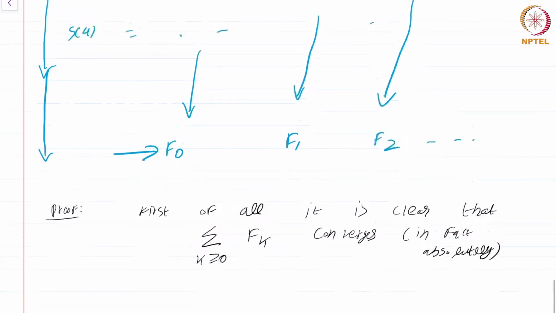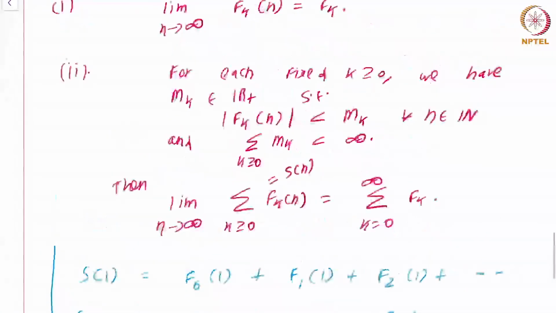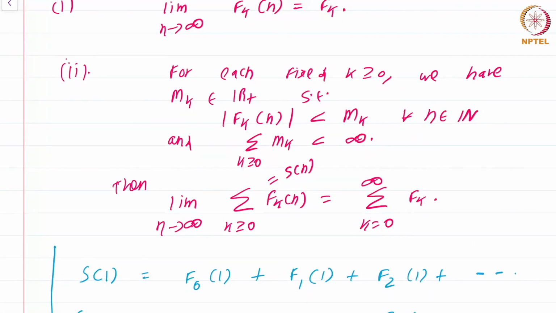Why is this the case? Well, look at hypothesis 2. What it is saying is that for each fixed k, fk of n is actually bounded in absolute value by Mk, and summation k greater than or equal to 0 of Mk is less than infinity.